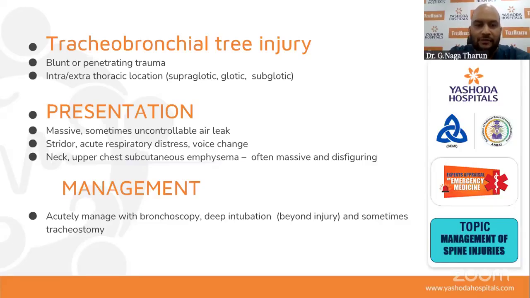These injuries are acutely managed with bronchoscopy. Deep intubation beyond the injury should be done to avoid further damage and to occlude the tracheobronchial injury, since bleeding is there. Sometimes tracheostomy might also be required.